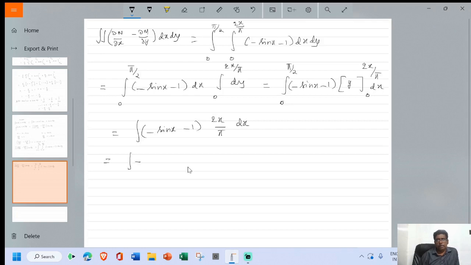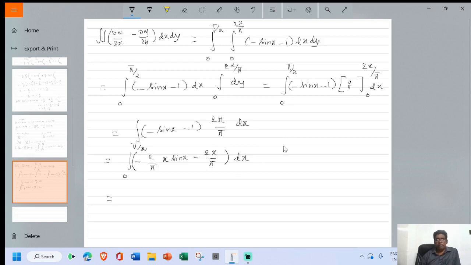This is the integral of minus 2 by pi into x sin x, then minus to minus plus, so minus 2x by pi, entire multiplied by dx.